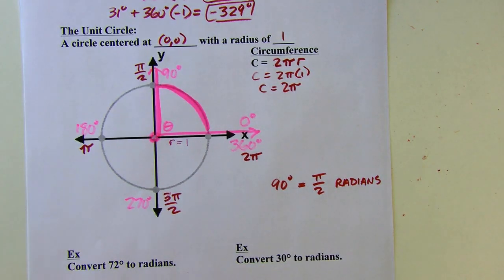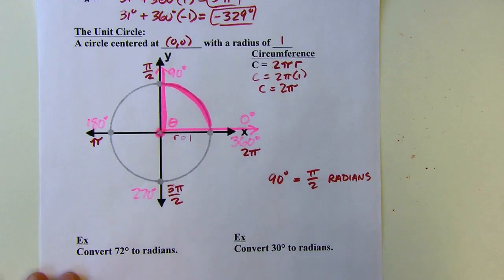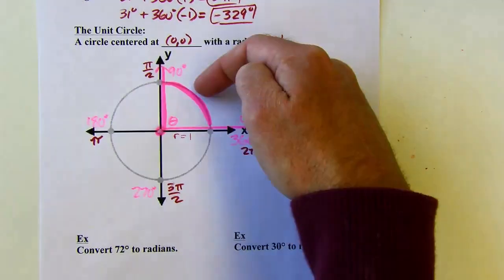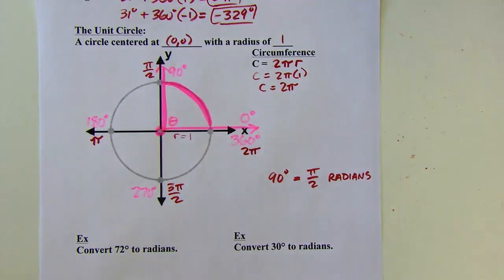All right, so it's important to be able to convert back and forth between degree measure and radian measure. So let's try this out. This says convert a 72-degree angle into radian measure. Now I could plot a 72-degree angle, but I'm not going to do that. It would be somewhere up here, in that quadrant.